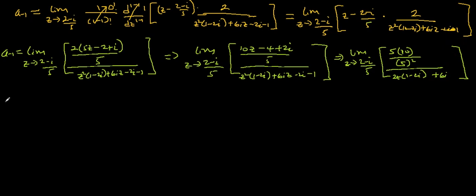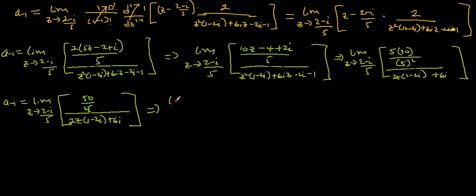So a minus 1 now will be equal to limit as z turns to 2 minus i divided by 5 into, we have 50 divided by 25, and this is dividing 2z into 1 minus 2i plus 6i.